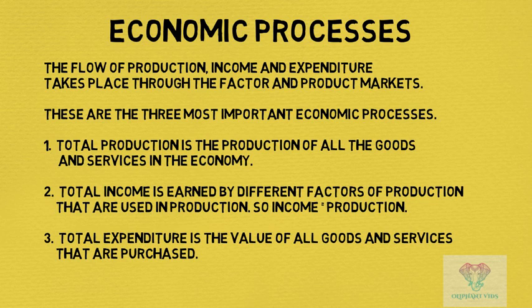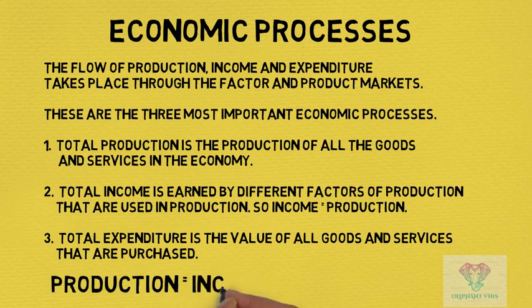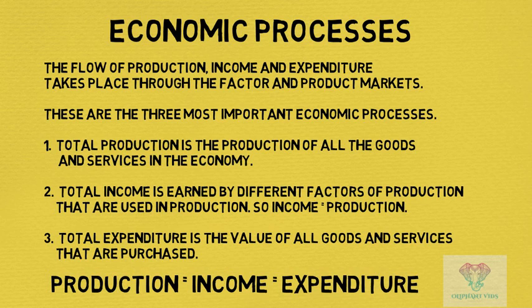We can clearly see that we cannot have production take place if people are not earning an income, and people are going to use this income to spend on goods and services. Therefore, we have the equation production equals income equals expenditure because of the relationship that they have with one another.